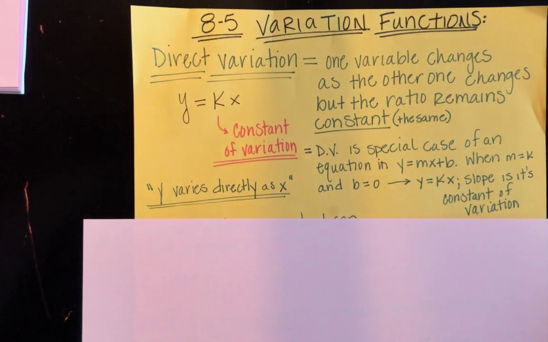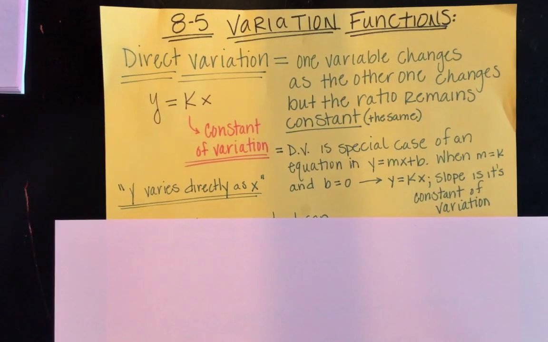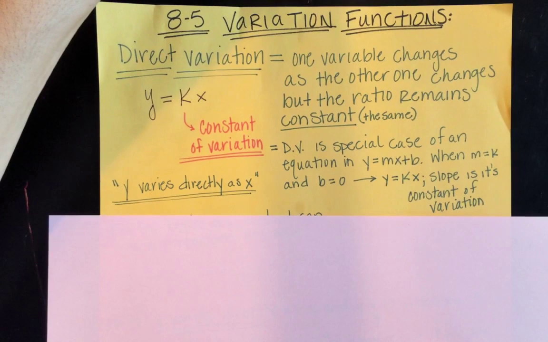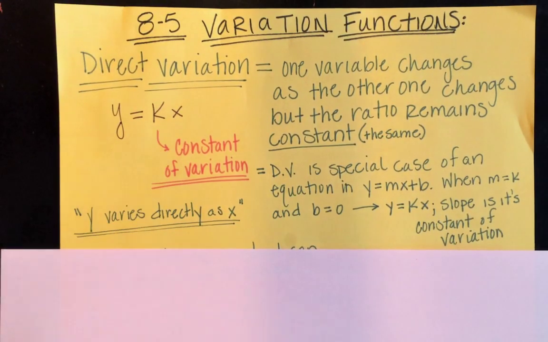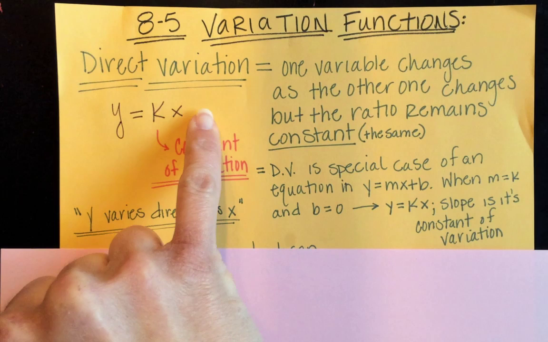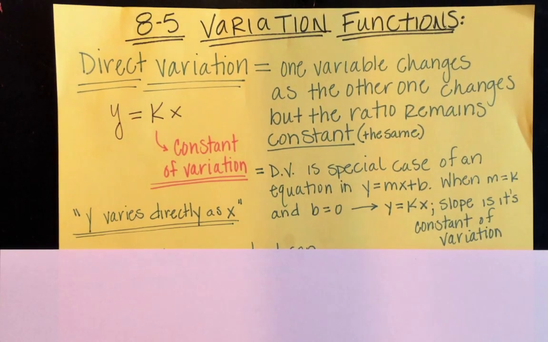today. I want us to be able to look at what's called direct variation and inverse variation today. We've done direct variation before. It's kind of this linear equation situation where we don't have an actual y-intercept other than our origin.